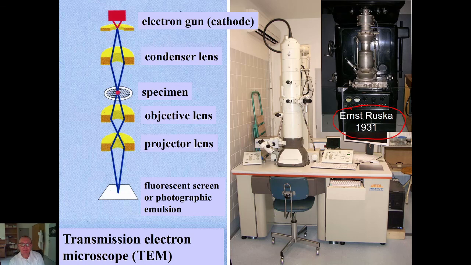And the principle of the transmission electron microscope can be compared with the light transmission microscope. If you turn it upside down, instead of the light source, which is downstairs in the light microscope, here is an electron gun, which is upstairs.